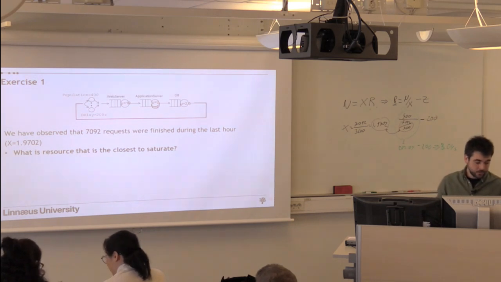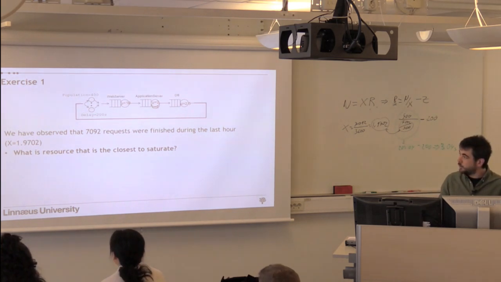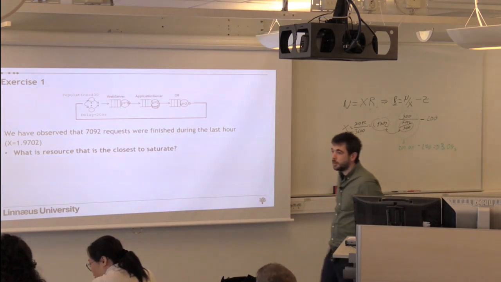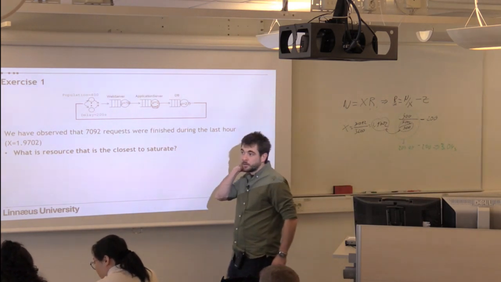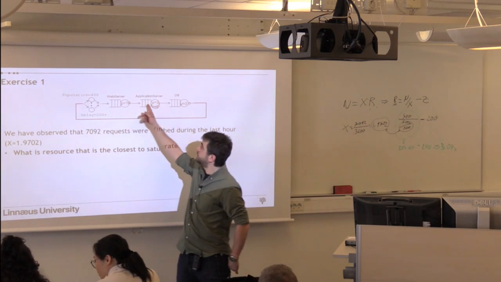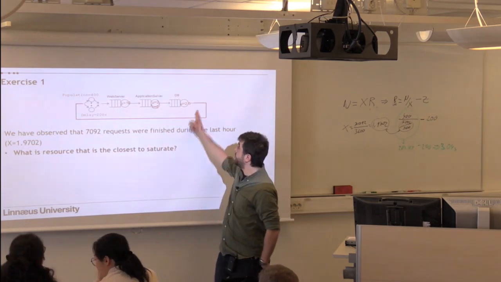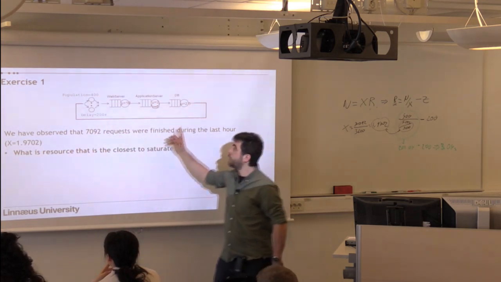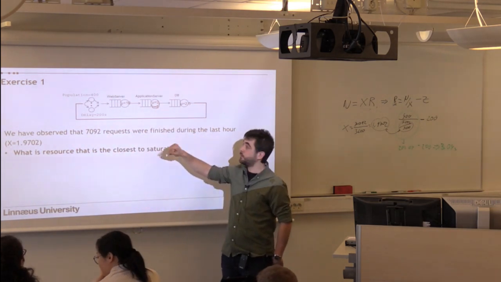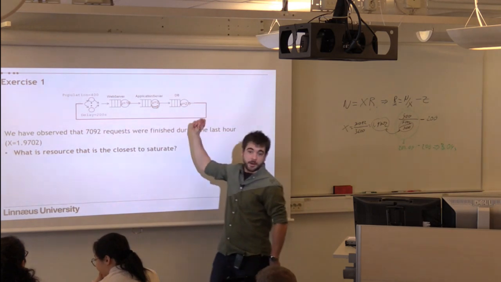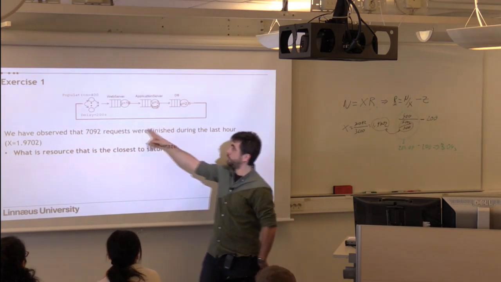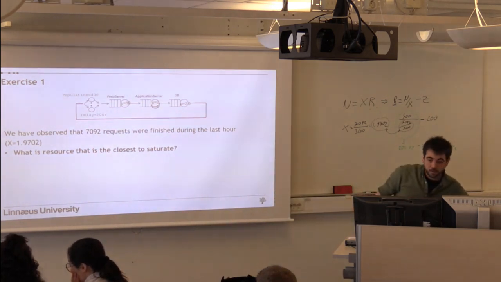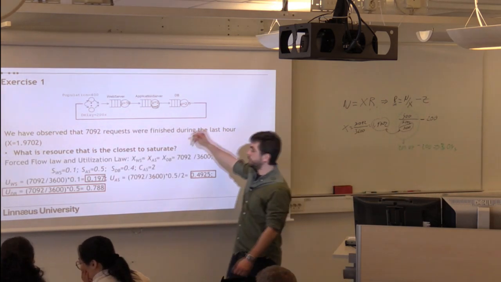We use the forced flow law to compute the throughput of each resource. We know the throughput of the system, 7,092 in an hour, and we will compute the throughput of each resource. Since the visits are 1, 1, 1, the throughput of each resource will be the same as the throughput of the system.